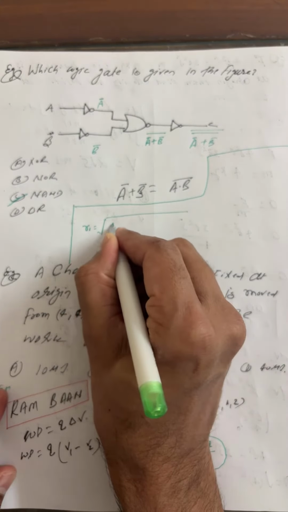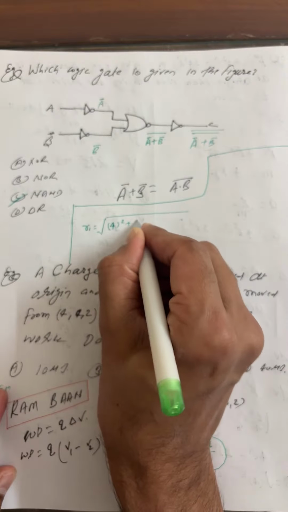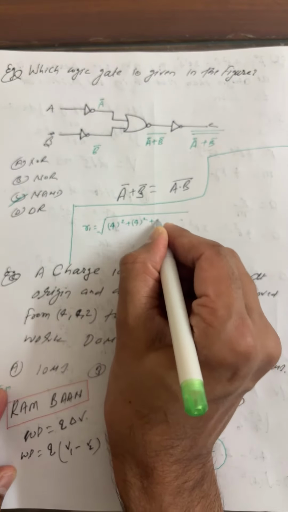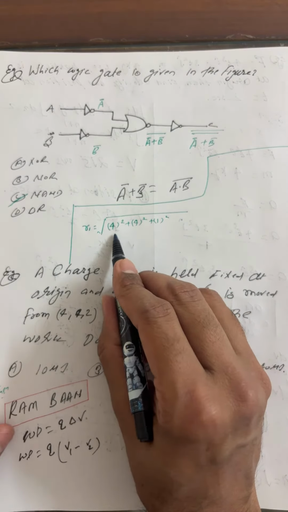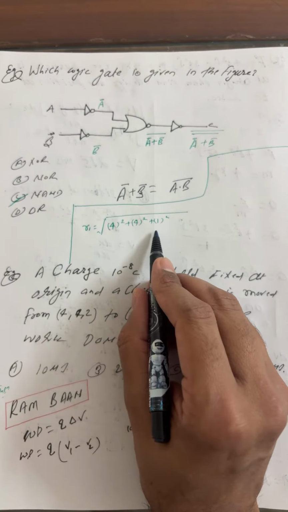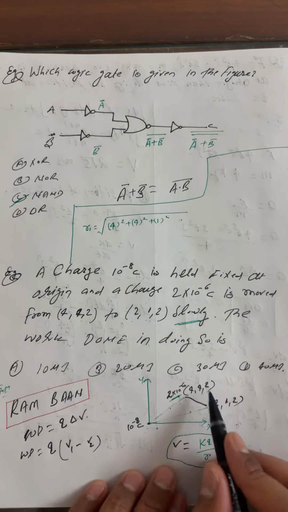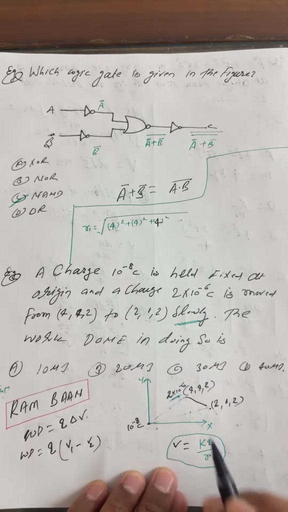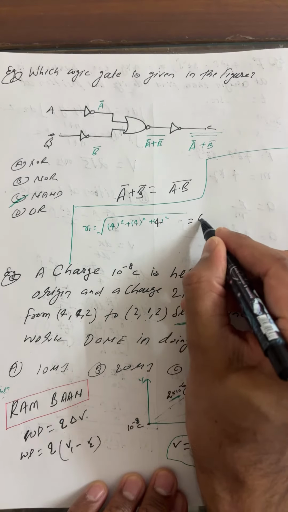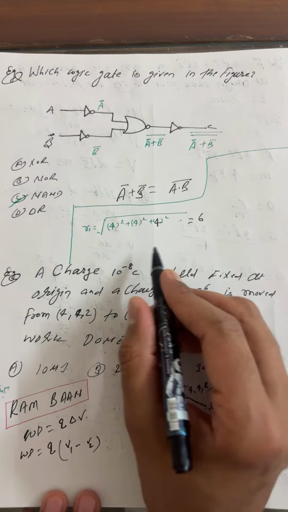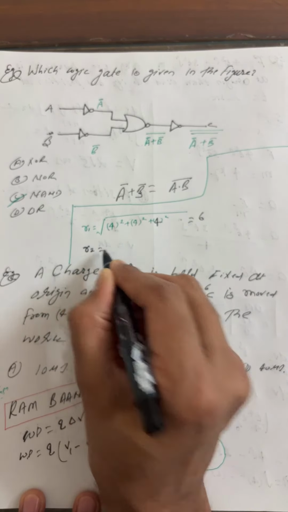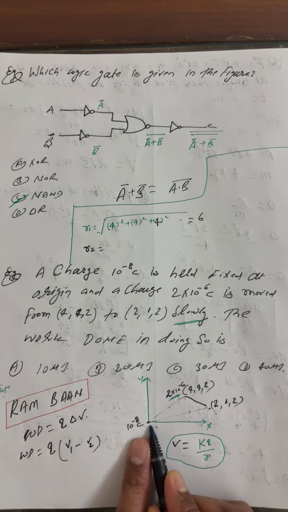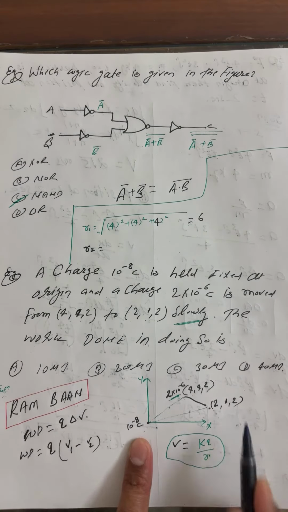So 4 squared plus 4 squared plus 2 squared: 4 fours are 16, 16 plus 16 is 32, plus 4 is 36. You can write this is 6 only. This is R1. Now R2, from the origin to this coordinate, 2, 1, 2.